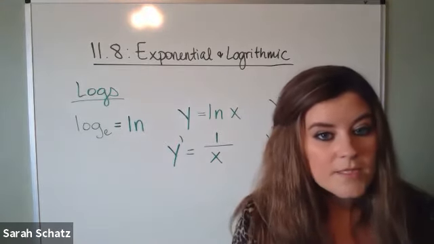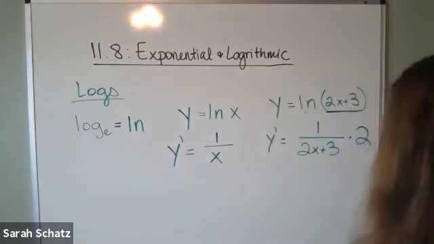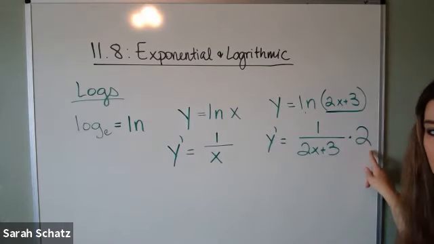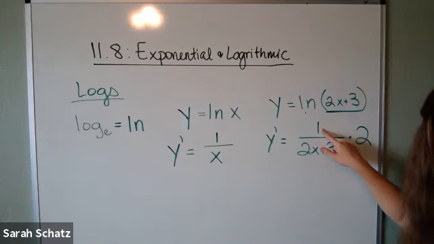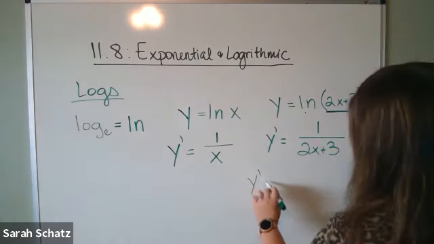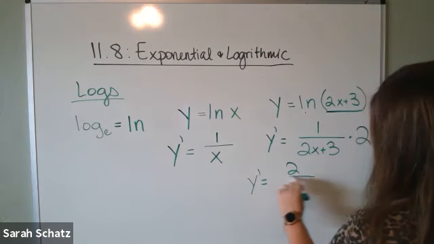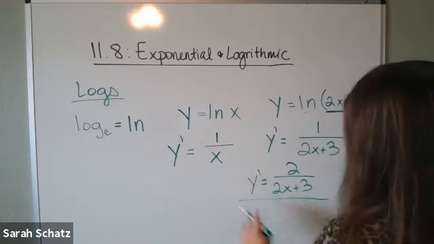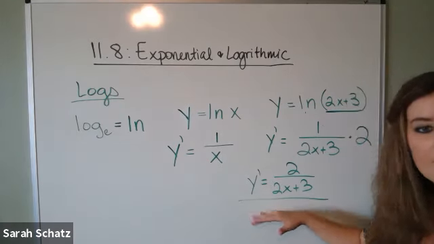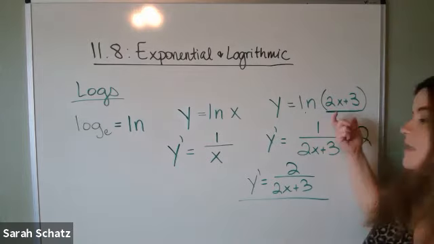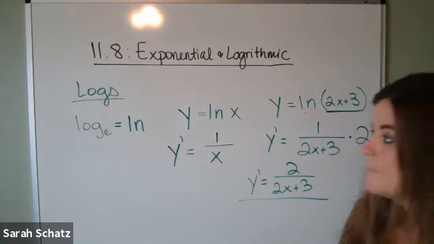This is a 2 on the top. This is 2 over 1. So when you multiply by the derivative, when you get this link on your chain, it can always just sit up here. And that's the way we like to see it. So I could write this as 2 over 2x plus 3. And then this is my derivative. Yes, I used the natural log rule and I used the chain rule because this wasn't just x.